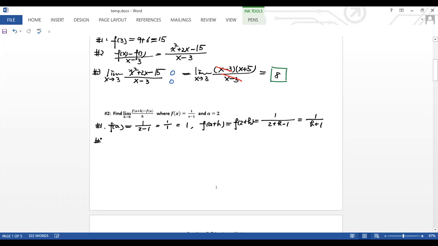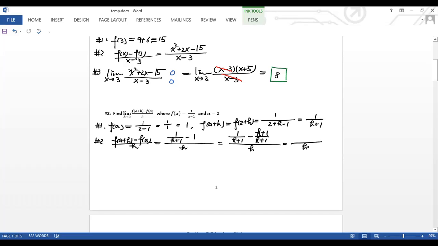Okay, good job. So then the next one here, I'm using the definition. So this is f of a plus h minus f of a, over h. That's our definition. So now I can see here, this is 1 over h plus 1 minus 1, all over h. Oh, we did this before. The way we did before is to find a common denominator. So the common denominator is h plus 1.